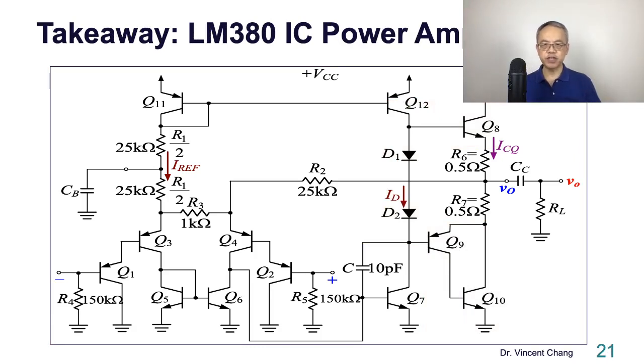The learning objective of this lecture is that you can identify each part of the circuit, including the current mirror on the top, the PNP current mirror, and Q3, Q4, the input differential pair, Q1, Q2, the emitter followers, and Q5, Q6, the current mirror.